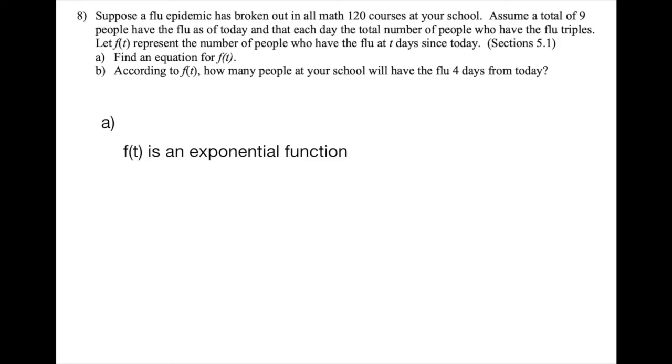So if f of t here, we can write that as a times b to the power of t, because it's an exponential function. And b is 3, because each day the number of people triples. So, but we don't know a yet. But we do have the data point that today we have 9 people have the flu.